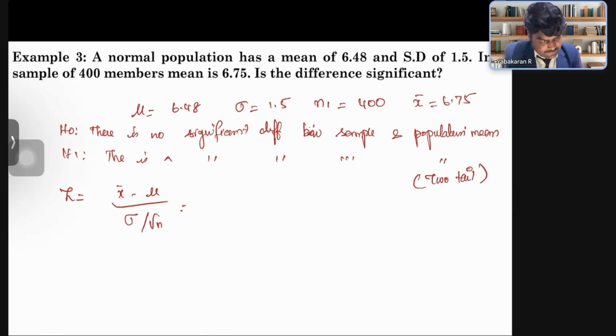X bar value is 6.75, right? 6.75. Mean of population is 6.48 and divided by sigma, that is standard deviation of population 1.5 by square root of sample size 400. So just use your calculator. The answer is 3.6.